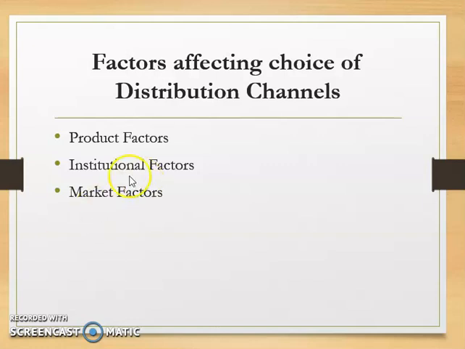And if I say institutional factor, it's all about the financing capacity, the investment in organizing and the development of the channel. So how big is the wholesaler, how small is the retailer, where is the retail shop, that also matters. And also based on the promotional abilities, if they are creating awareness and motivating the consumer to purchase, that product should be available in that shop, and add-on services for the product.